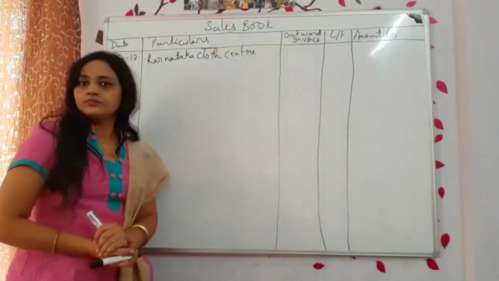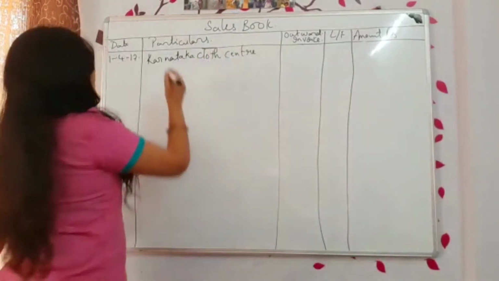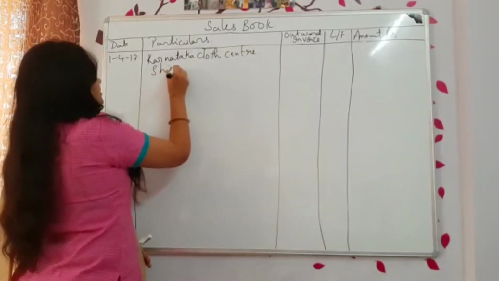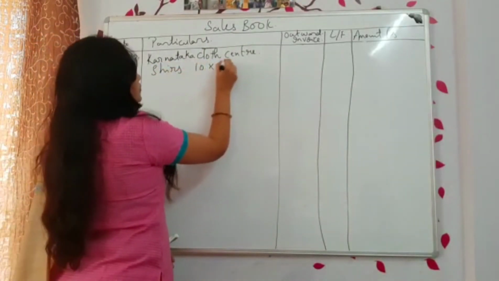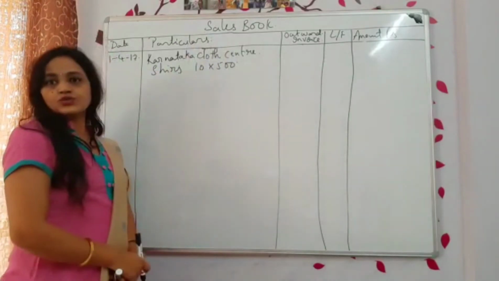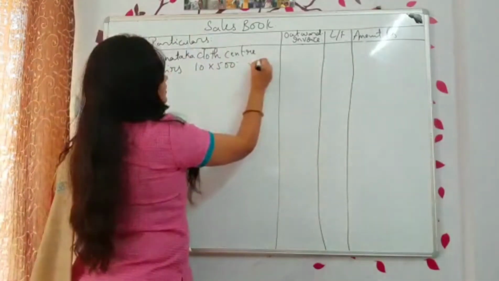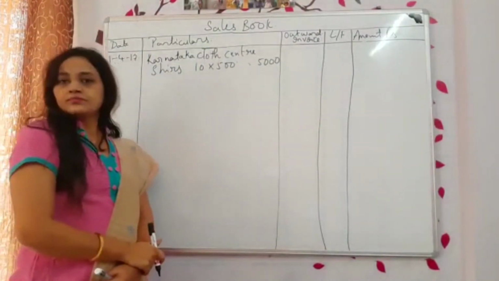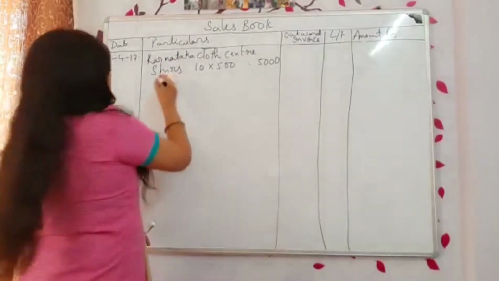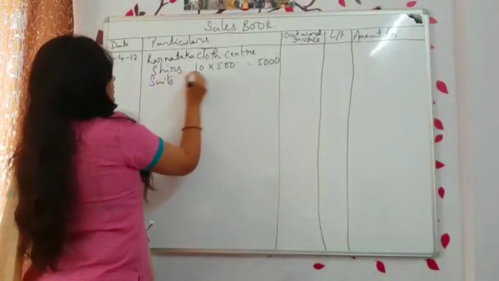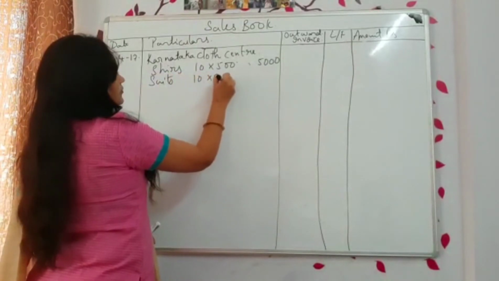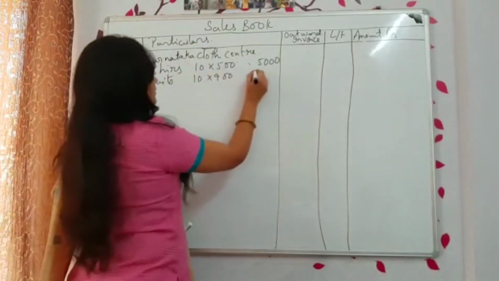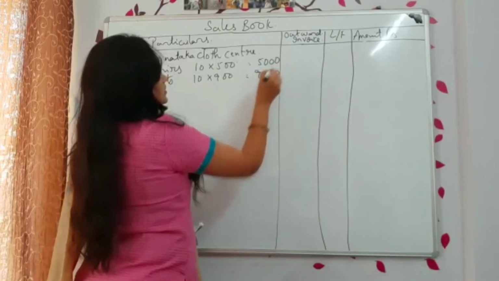What did we sell? 10 shirts at 500 each. Each one costs 500, so the total is 5,000. Next, only one item or anything more? 10 suits at 900 each. Ten suits at 900, so 9,000.